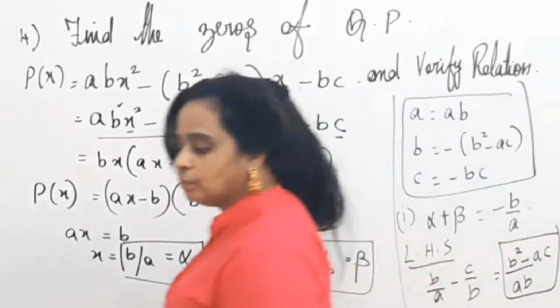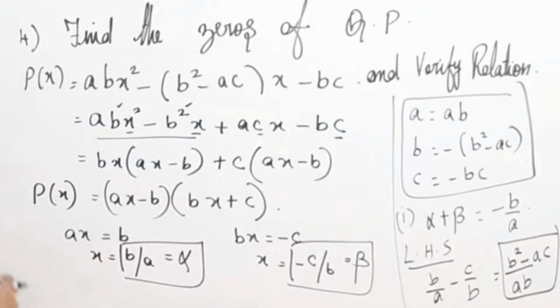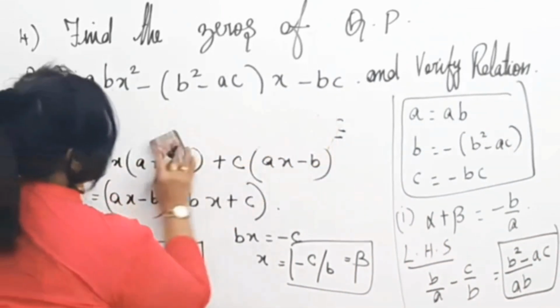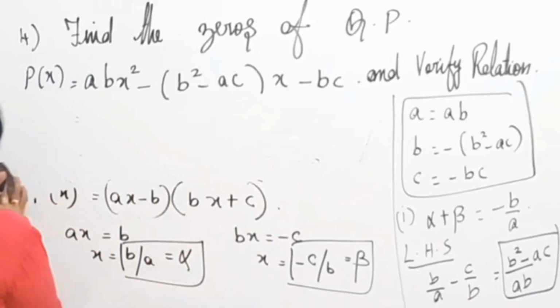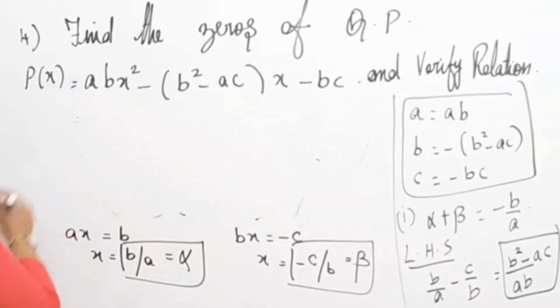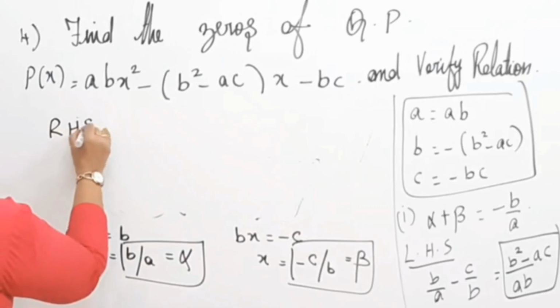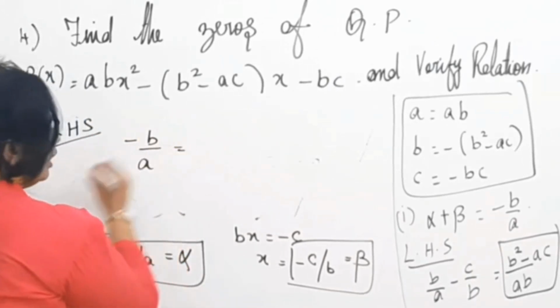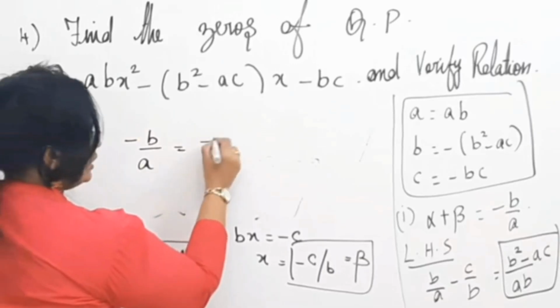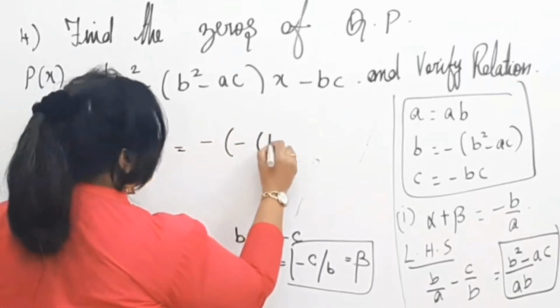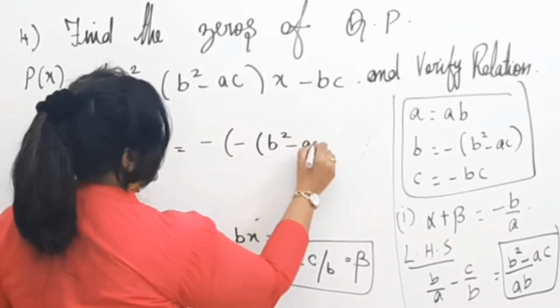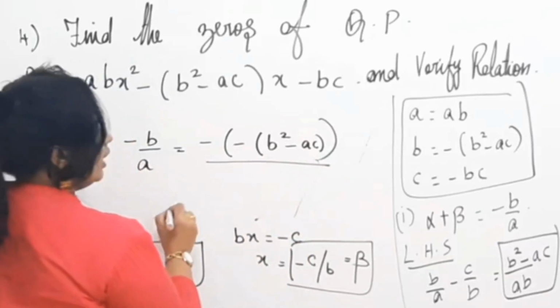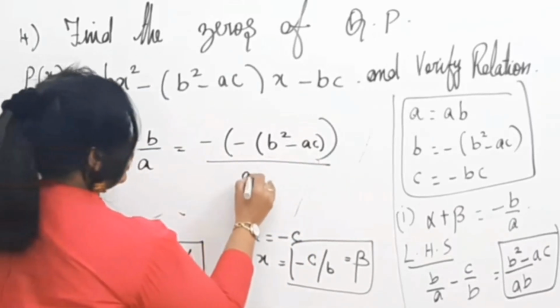Now, I have to get my RHS. So, let me have my RHS here such that RHS is equal to minus B by A. So, my B is minus of B square minus AC divided by my A is AB.